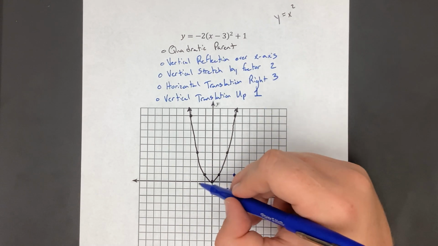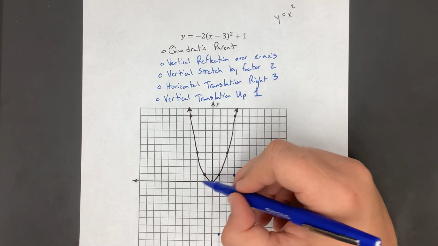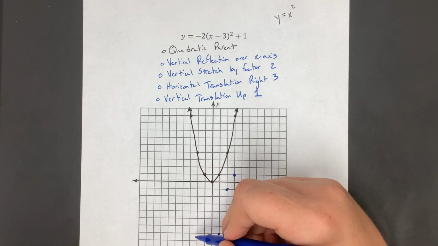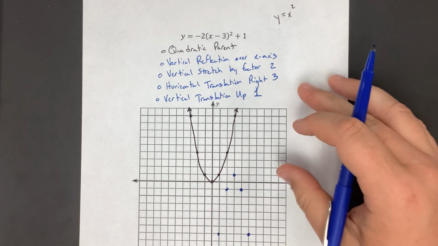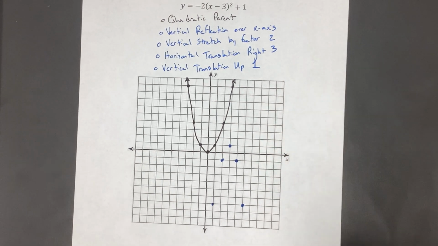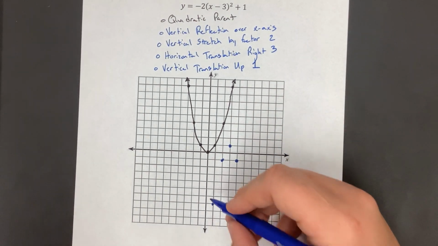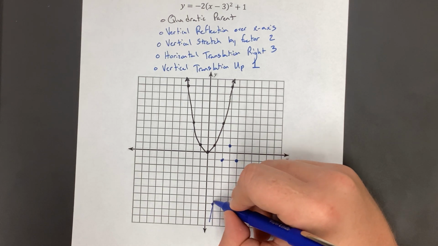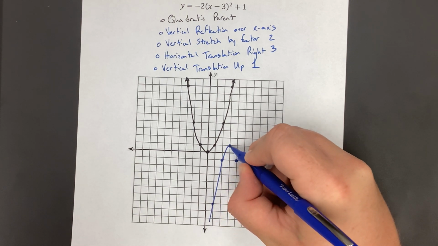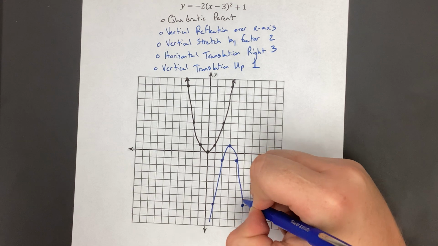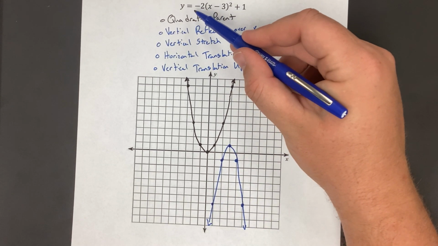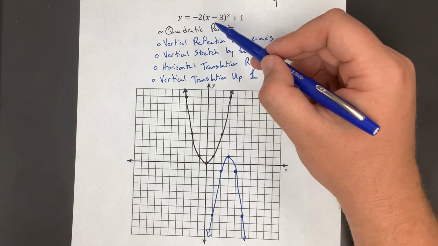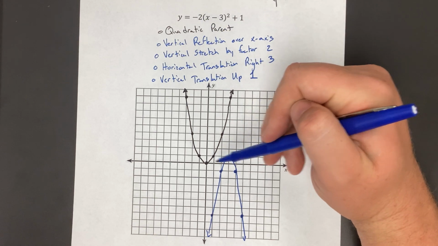Now you can still take that negative 2, negative 4 to make it negative 2, negative 8, and go right 3, up 1. That works just the same. But after you do a couple of these, you learn to find shortcuts and patterns you see with all of them. And so there's going to be our new graph. Notice it should now be pointing down, it should now be steeper, and moved to the right 3, up 1.